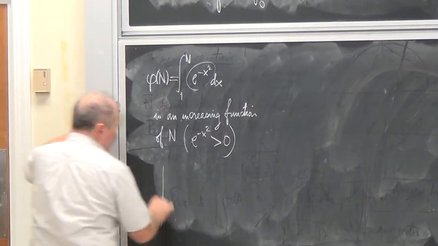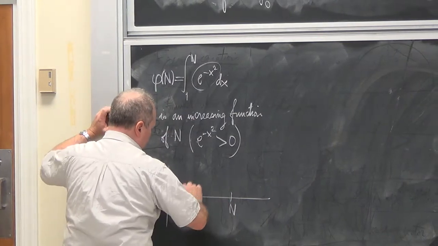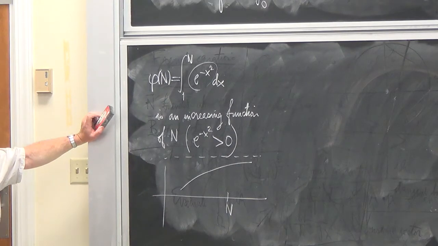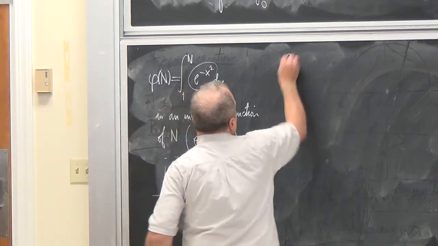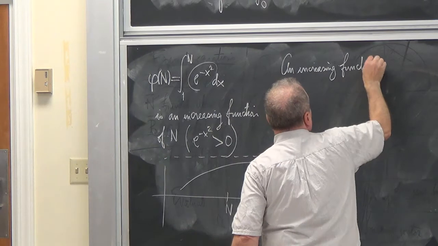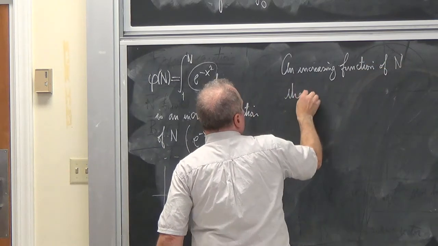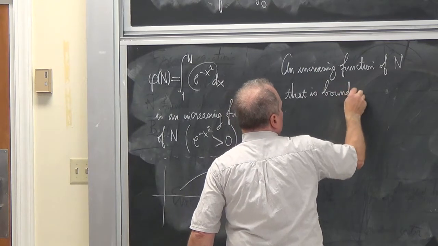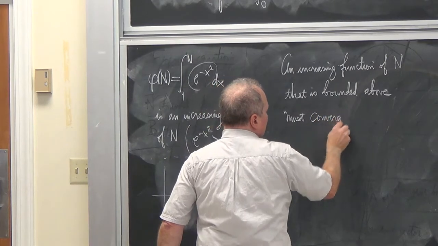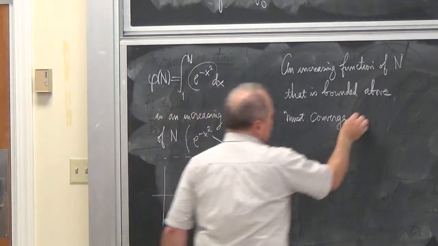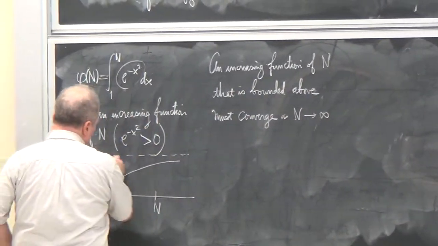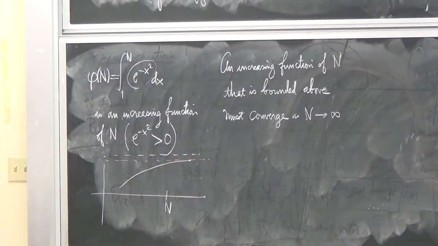If you have an increasing function of n that is bounded above, it must converge as n goes to infinity. It needn't converge to the upper bound. In fact, it won't in our case, but it will converge to something.